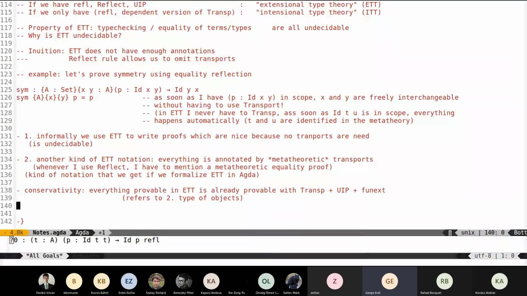But here we have UIP. So what is the information that we need? What do I care how two things are equal if the only way they can be equal is by being the same? So what is the extra data that we miss when we use ETT?